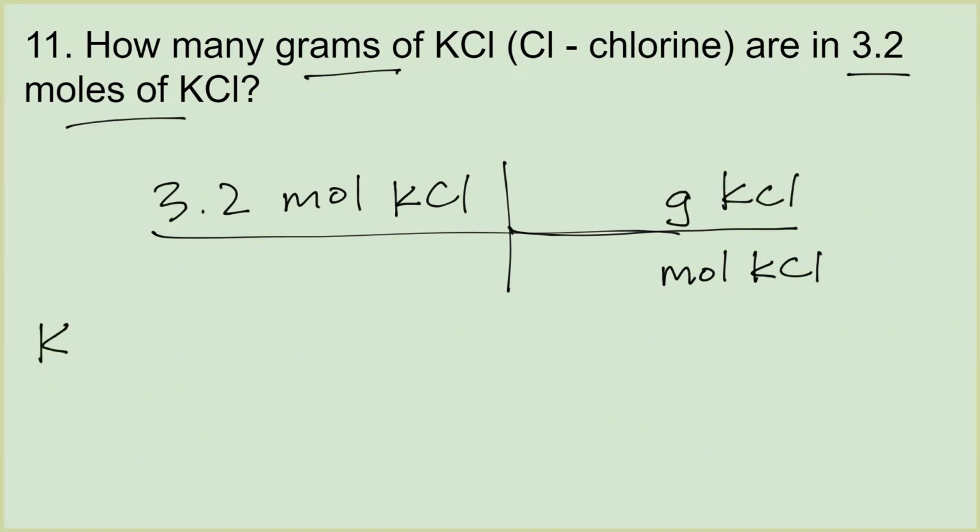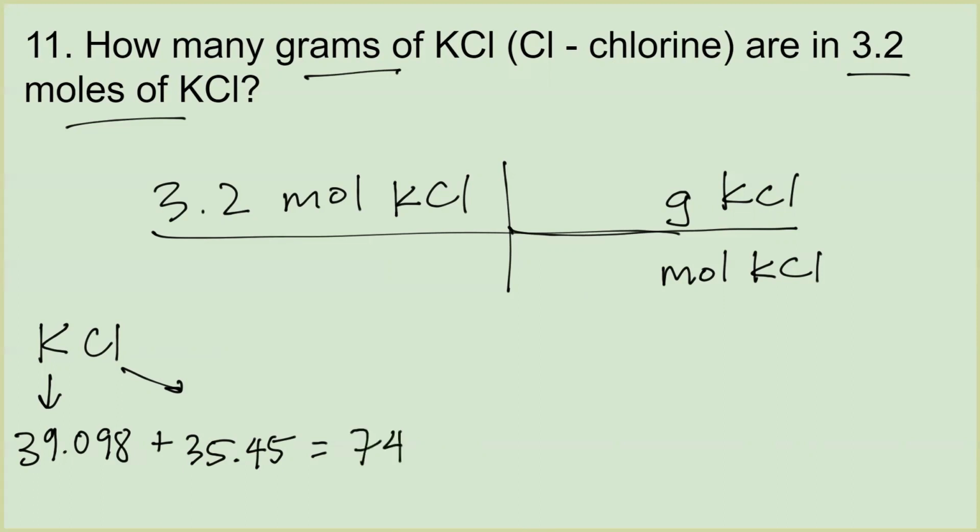Now I need to find the molar mass of this substance. Potassium has a molar mass of 39.098. Chlorine has a molar mass of 35.45. So if I add those together, looks like I get 74.548.